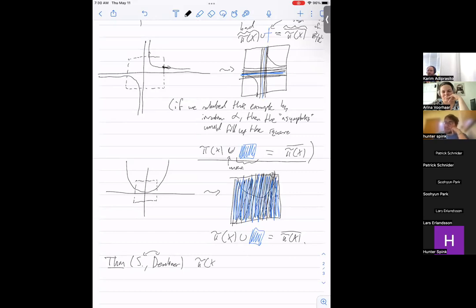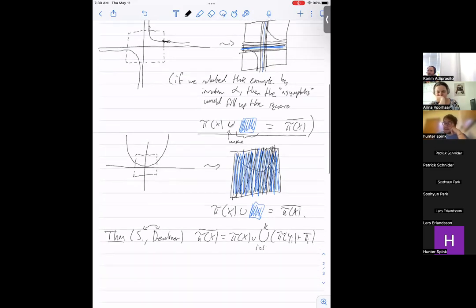The closure of pi of x is equal to pi of x together with a finite union of parametrized families of, I guess, subtoruses.